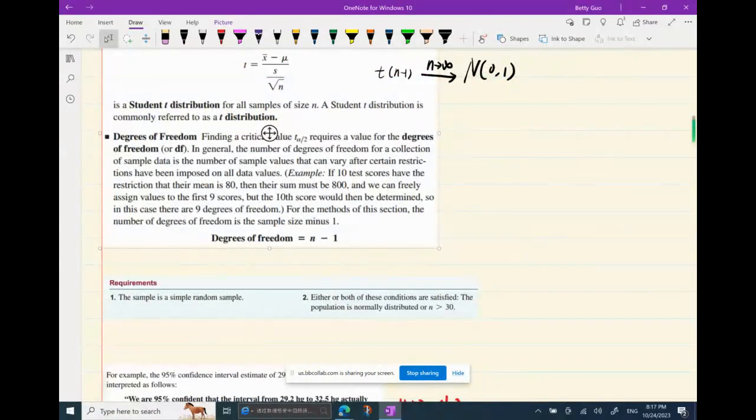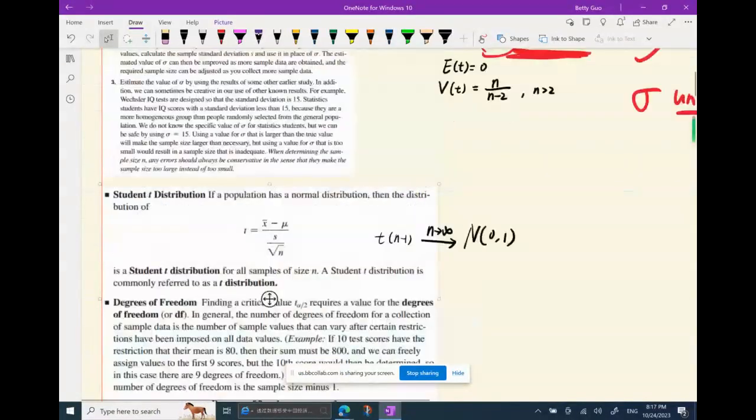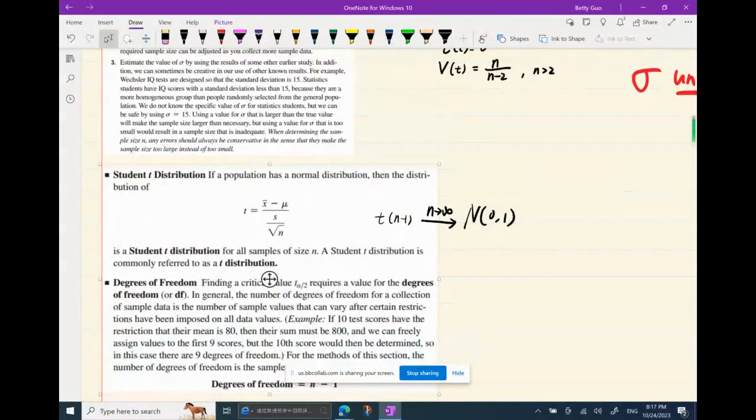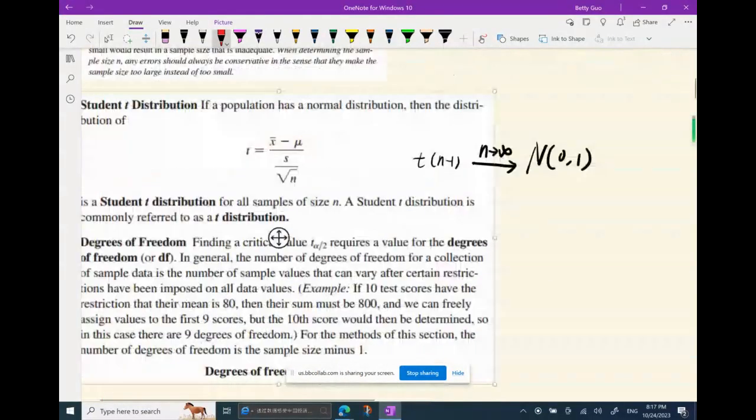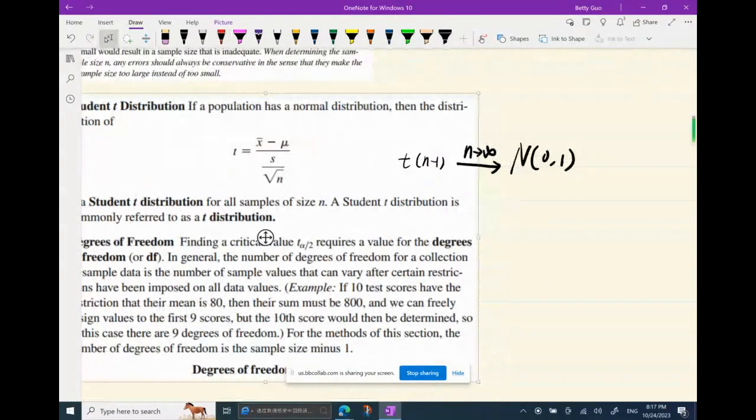Gossett. I remember it's called Gossett. I remember his name is Gossett, and he wasn't even a statistician or in the academic field.